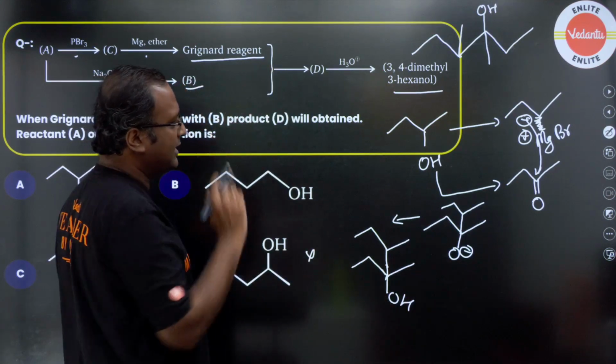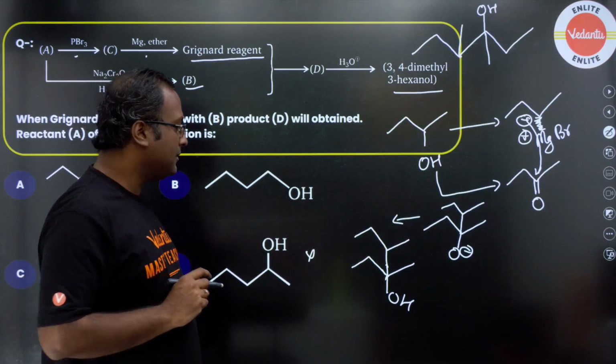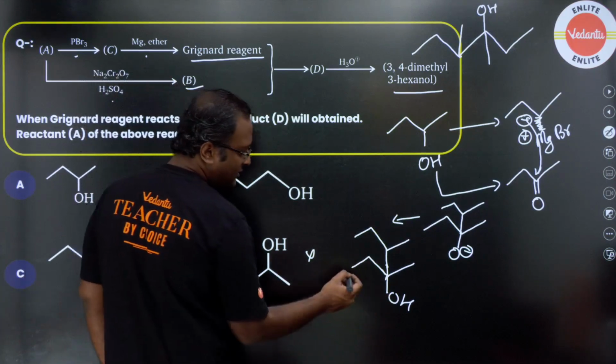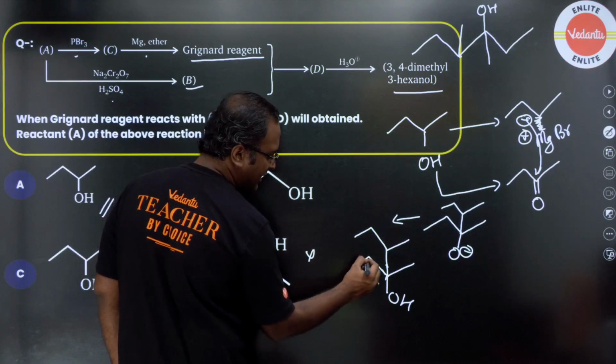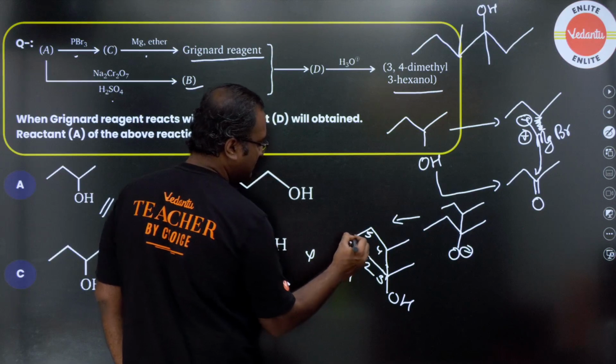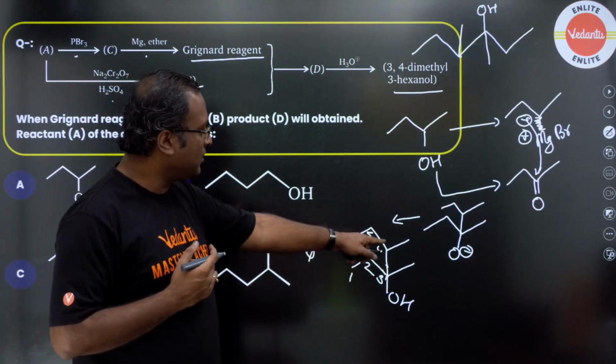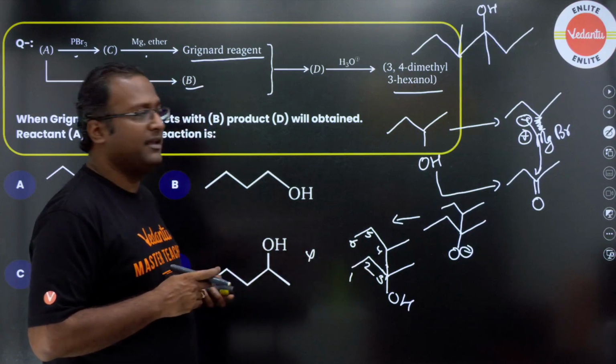Does it match with our compound? That we'll have to check by IUPAC naming it properly. OH is your principal functional group, then the longest carbon chain. So this becomes your numbering system. And yes, it does match. It's the same thing, 3,4-dimethyl hexan-3-ol.